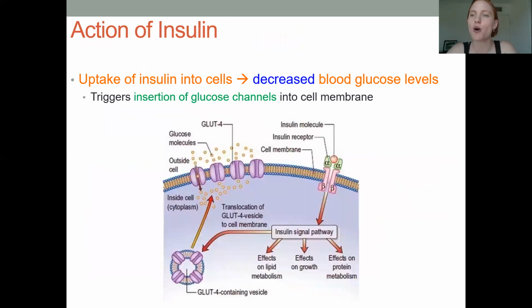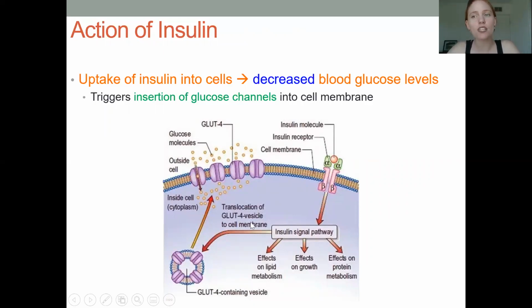Okay, so let's talk about what insulin does. What insulin does is decrease blood glucose levels. Now, for some of us, that's just where understanding stops, right? We understand that insulin decreases the blood glucose levels, but where does the glucose go? The glucose goes into the cells.